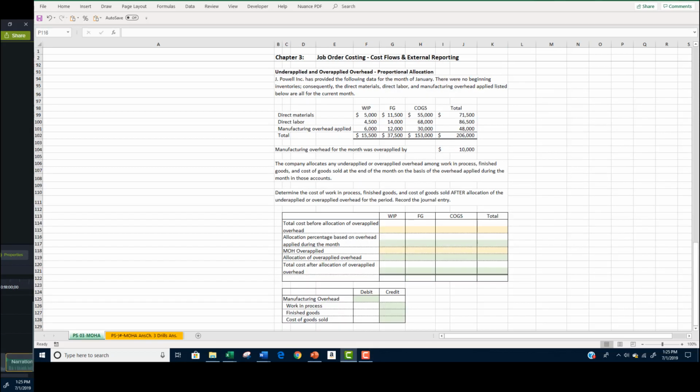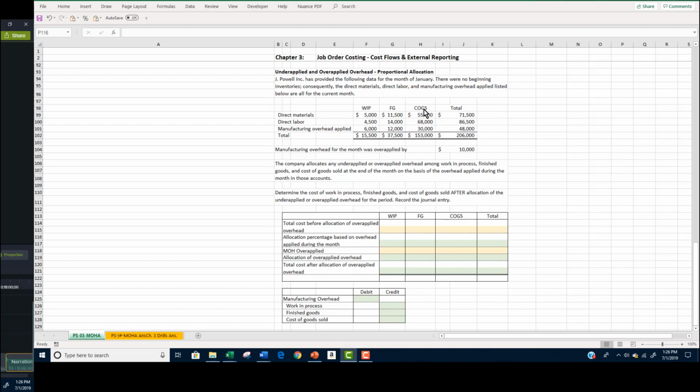Now let's complete a problem demonstrating the proportional allocation of over-applied manufacturing overhead to the work in process, finished goods, and cost of goods sold accounts. J. Paul Inc. has provided information on the amounts for direct material, direct labor, and manufacturing overhead in its work in process, finished goods, and cost of goods sold accounts.